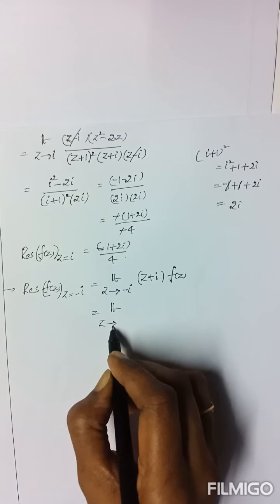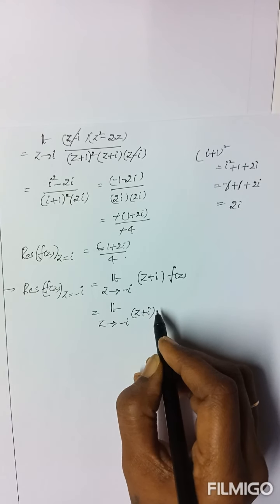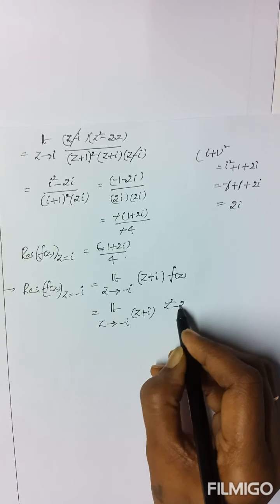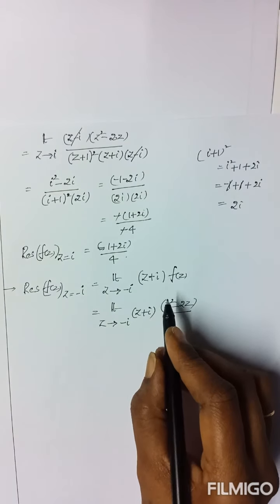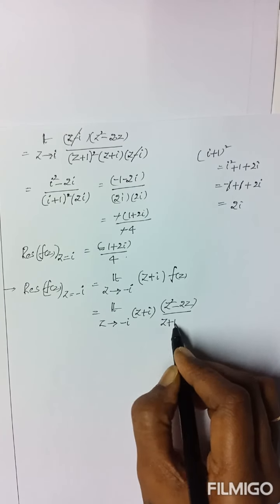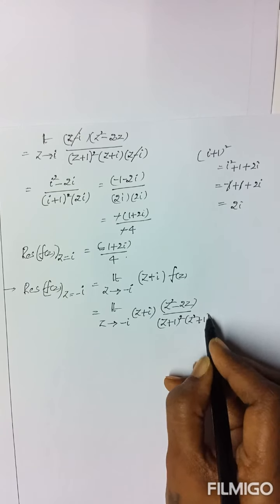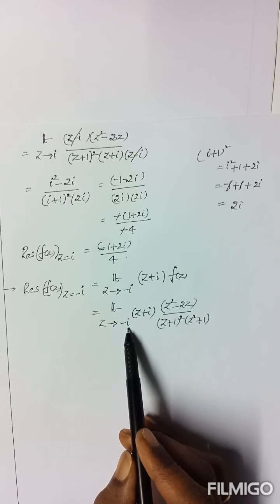Limit of z tends to minus i, z plus i, f of z, where the function is z square minus 2z by z plus 1 whole square, z square plus 1. Okay, now write z equal to minus i.